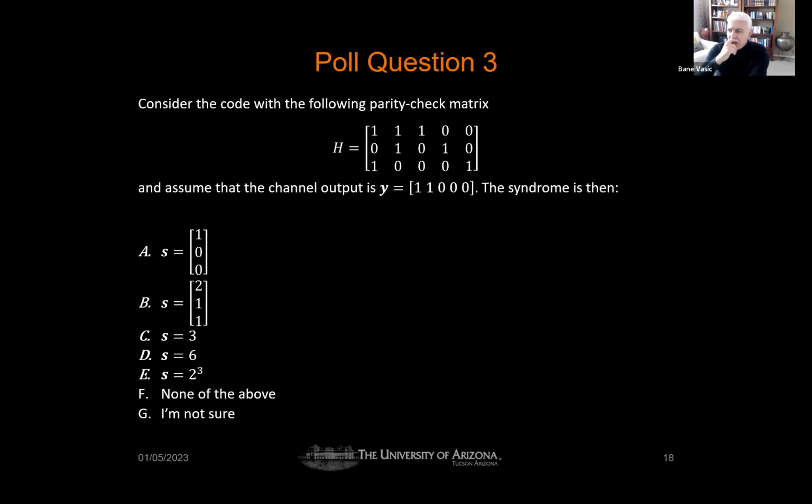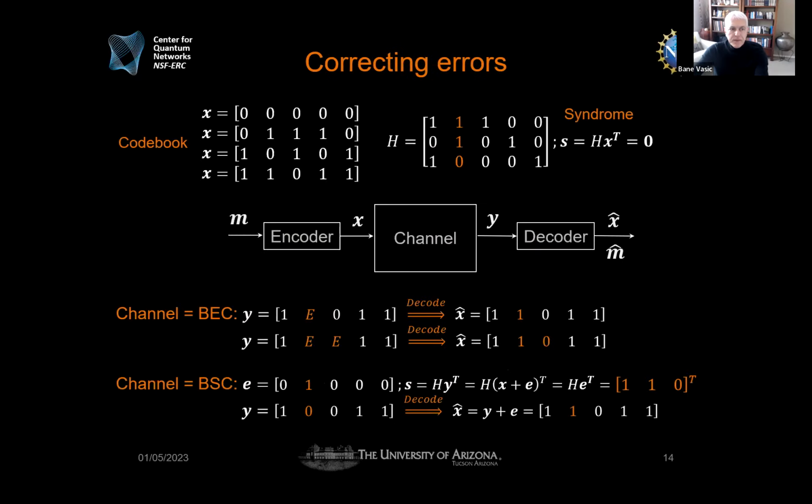So maybe I can say how we compute the syndrome. Remember, we multiply H with y transpose. But what does this practically mean?